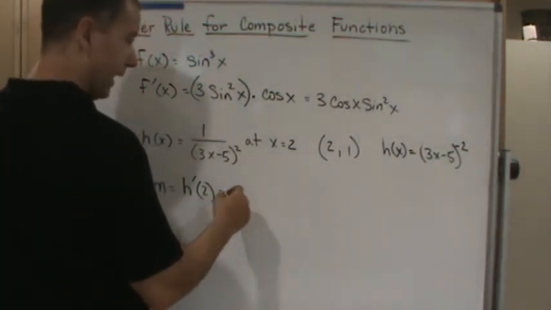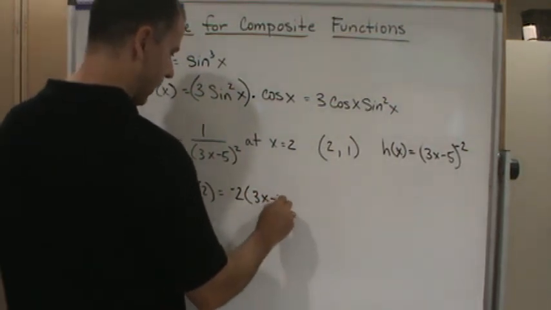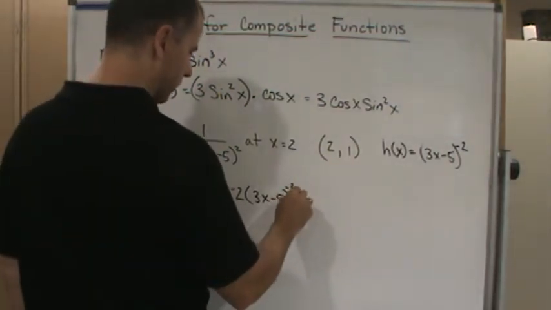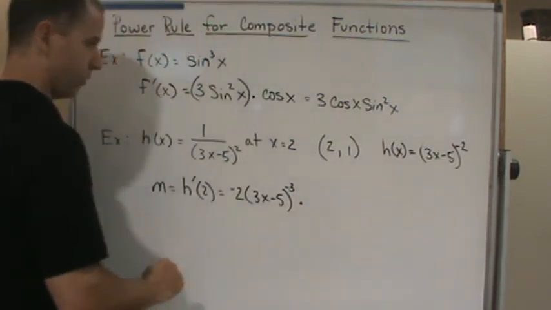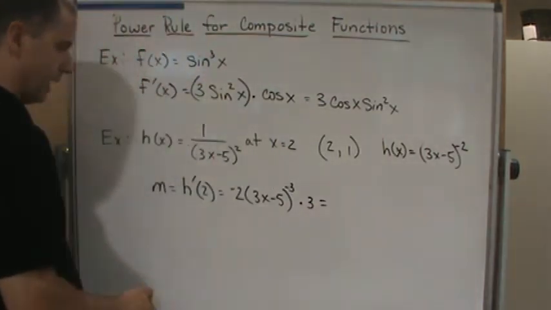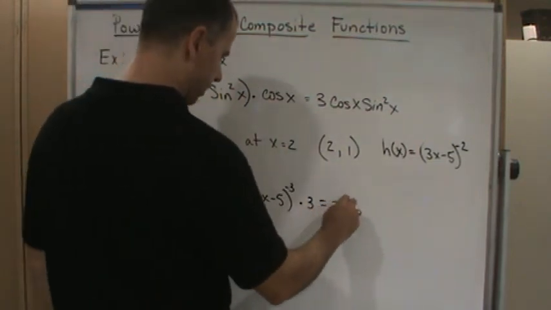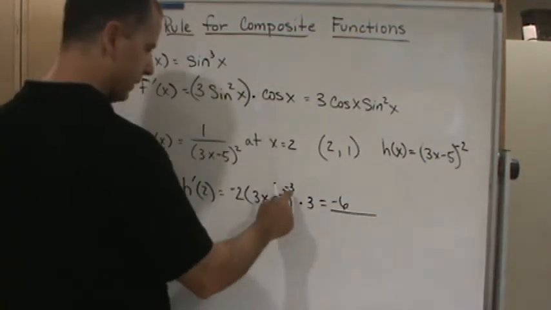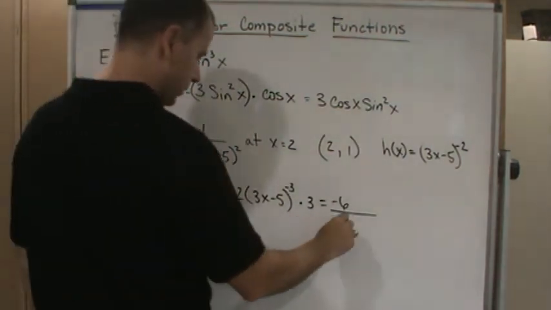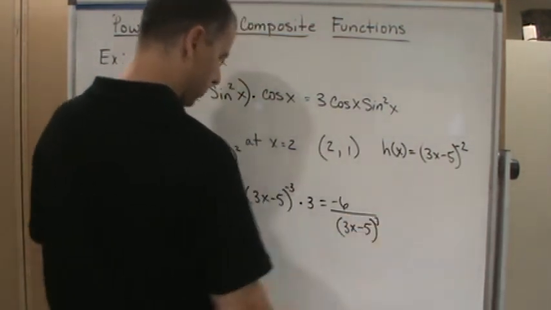Now I write the derivative of the outside function, negative 2 times 3x minus 5. Notice I leave the inside function alone, and then I reduce the power by 1, which gives me negative 3. Now I multiply by the derivative of the inside function, which is just 3. Multiplying the coefficients, I get negative 6 divided by, because this is a negative power, I bring it down to the denominator to make it positive, the quantity 3x minus 5 cubed.